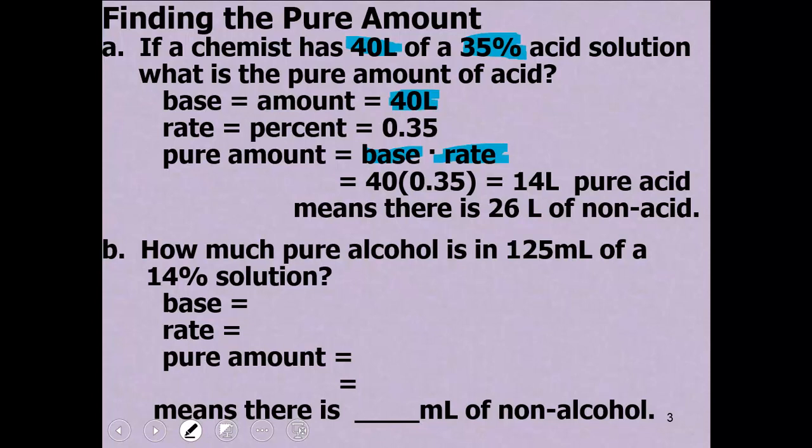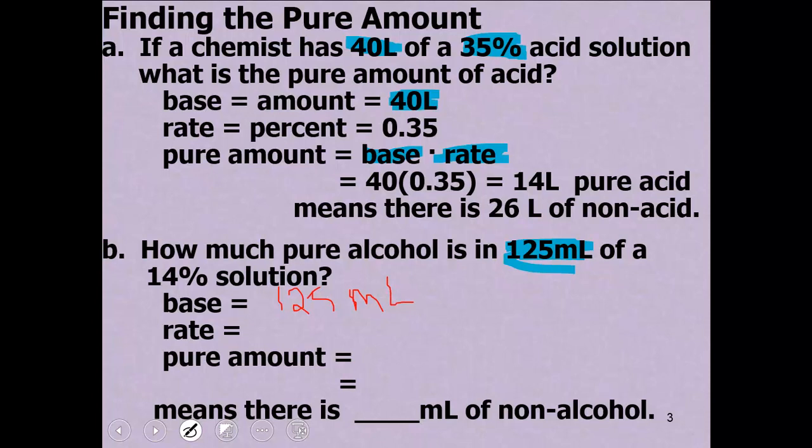All right, welcome back. How much pure alcohol is in 125 milliliters of a 14% solution? Okay, so my base has to be a quantity or an amount, right? So my base is 125 milliliters.